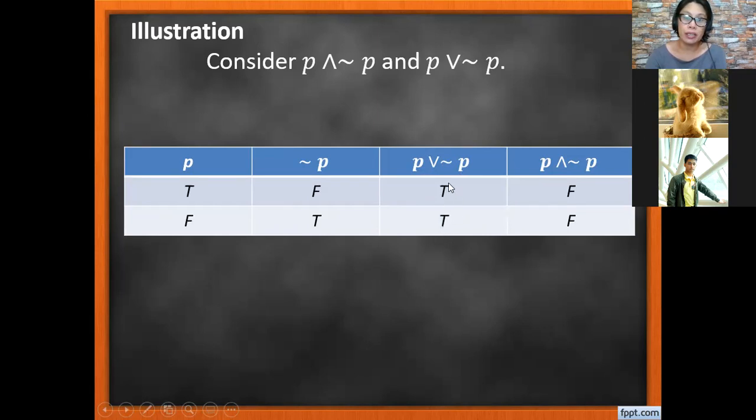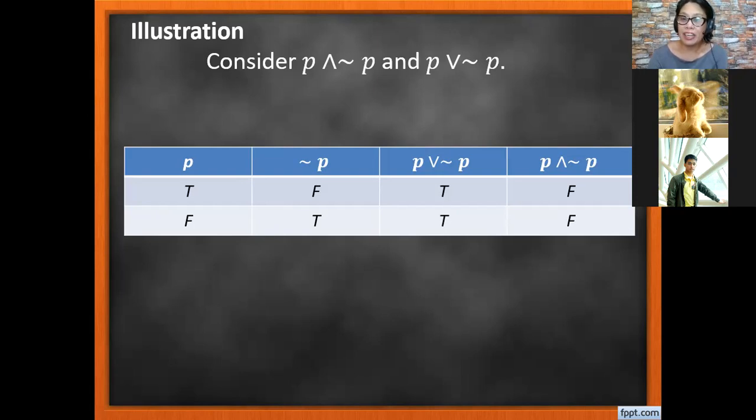Do you agree? Because what's the rule for the connective or? Either should be true in order for that to be considered true. Since we are combining the negation of a statement and itself, definitely we will come up with either of the two statements being true. So, P or negation of P will always be a tautology, will always be a true statement.